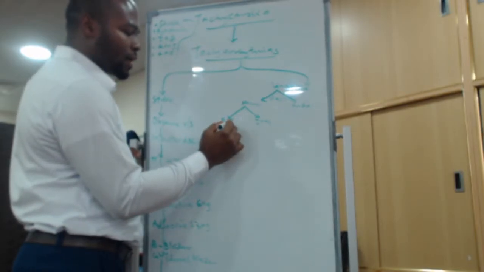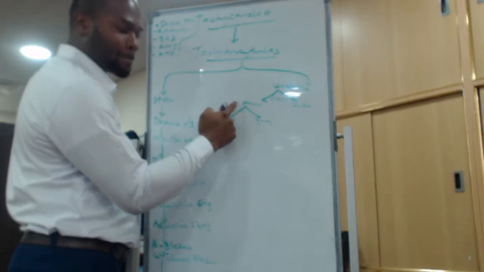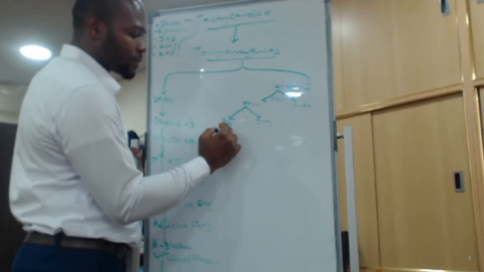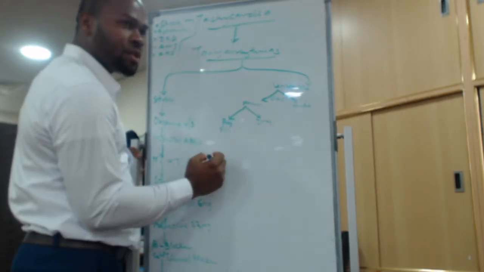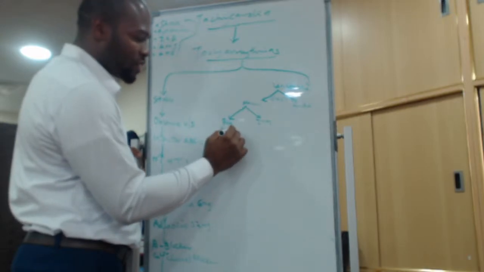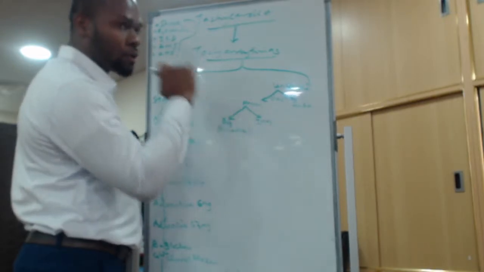If it is regular, what are the examples of regular narrow complexes? Regular narrow complex, you have SVT. What else do you have? Atrial flutter. It is regular and it is narrow.